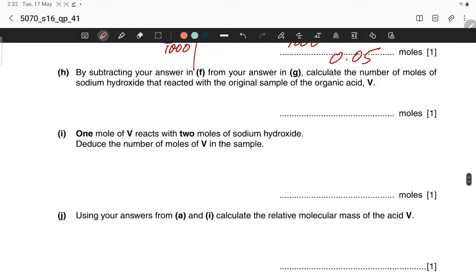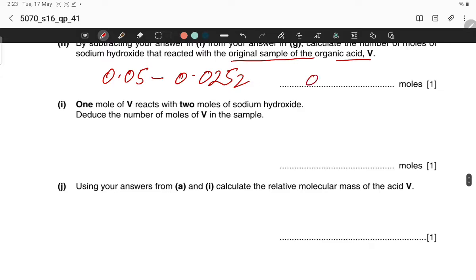By subtracting your answer in F from your answer in G, calculate the number of moles of sodium hydroxide that reacted with the original sample of the organic acid V. 0.05 minus 0.0252. The answer is 0.0248. 1 mole of V reacts with 2 moles of sodium hydroxide, 1:2.